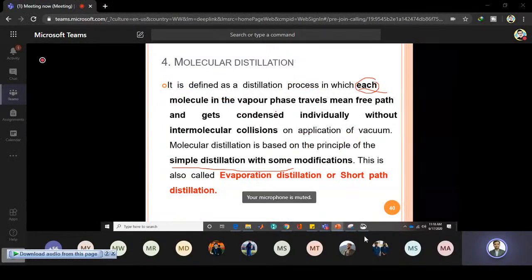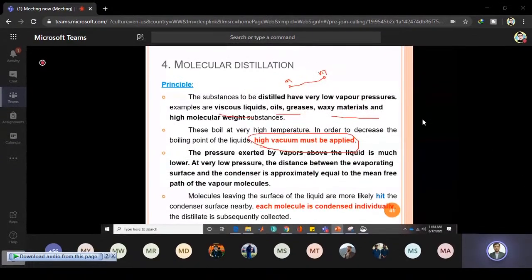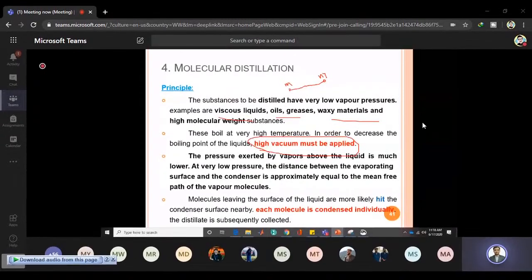So here mean free path has a different concept than the mean free path in general. Generally, we say that molecule to molecule distance or average distance gives us mean free path, right? But here we mean from one surface to another.